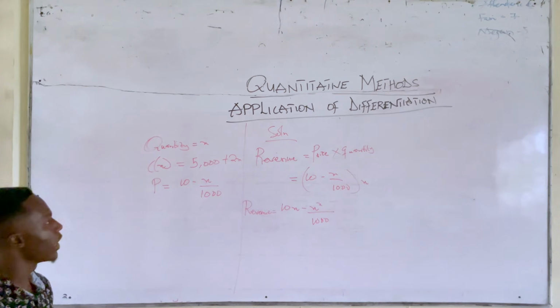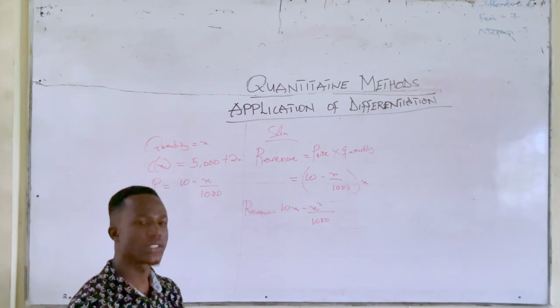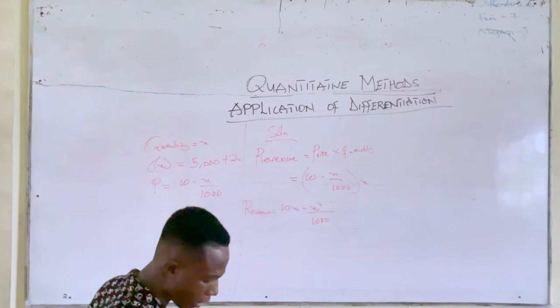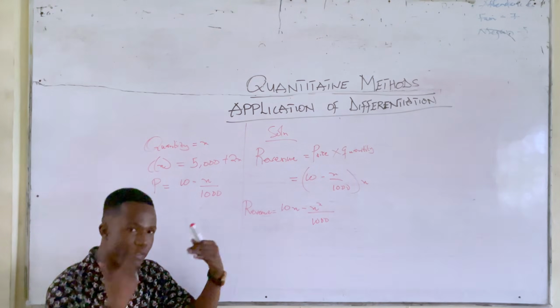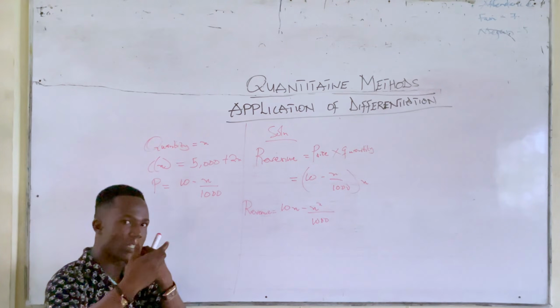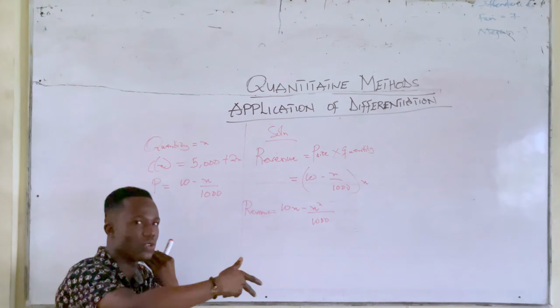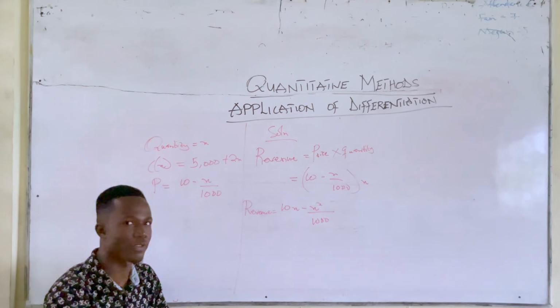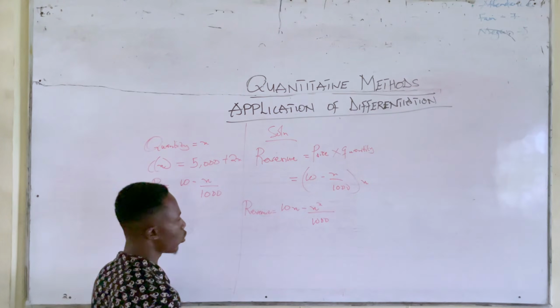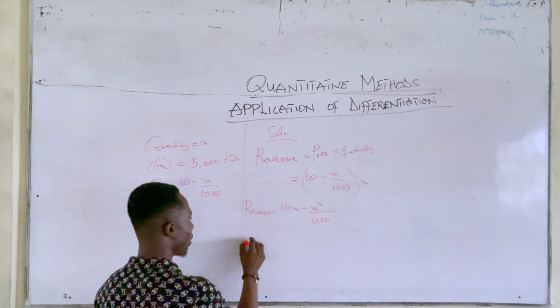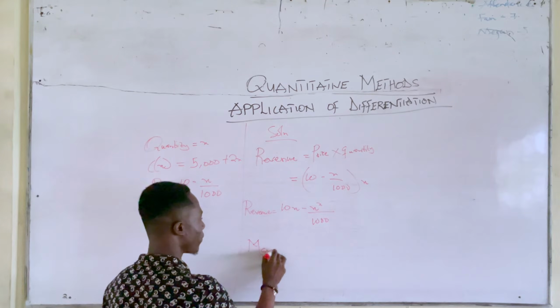Okay. And they are saying we should find how to maximize the revenue. Listen to the word maximize. You are going to find the maximum value, and to calculate the maximum value, you have to differentiate. When you differentiate the total revenue, you get marginal revenue.